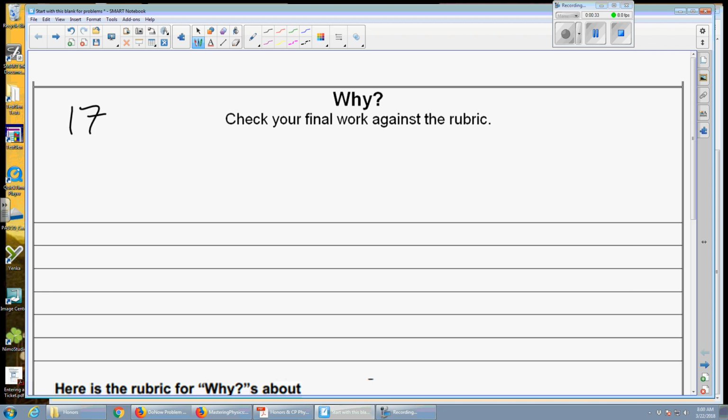So, what type of energy does the fly gain as it walks straight up the window pane? Gravitational potential. So I would start right away with that.